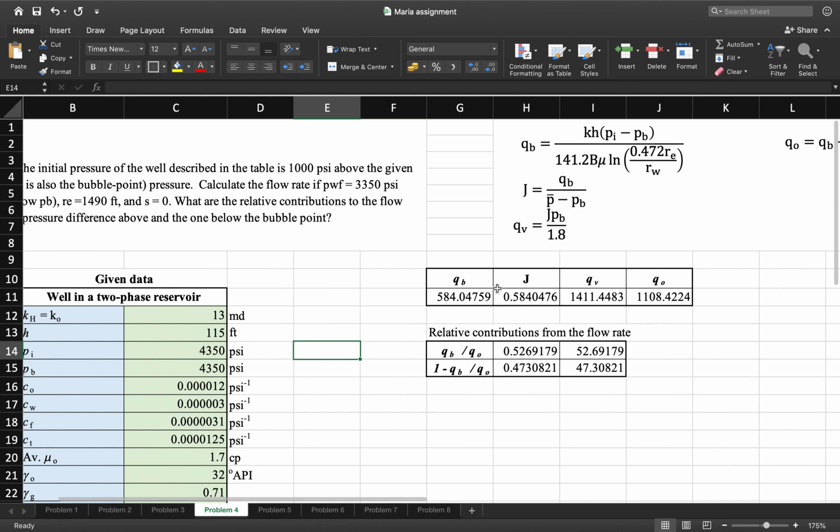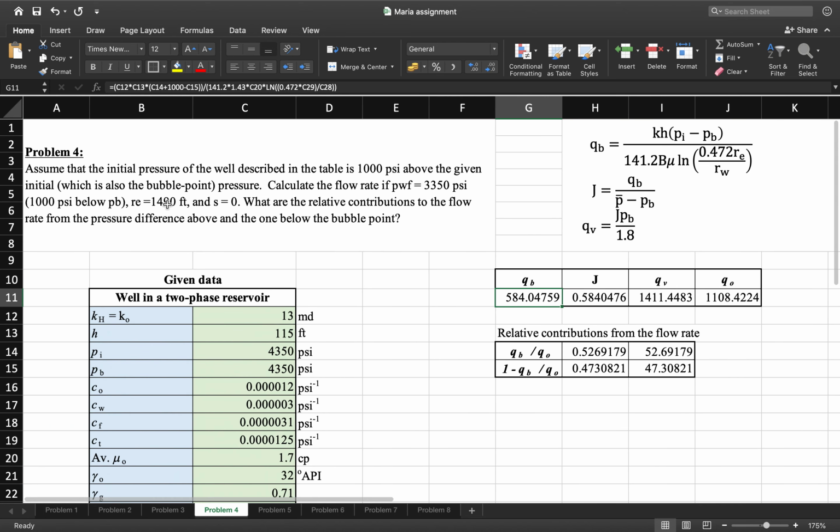The first one, I will calculate the Qb. The Qb will be equal to the permeability multiplied with the h, and multiplied with the initial pressure minus the bubble point pressure. In the given data, they already give that the initial pressure is higher than the bubble point pressure by 1000 psi, so here I add 1000.